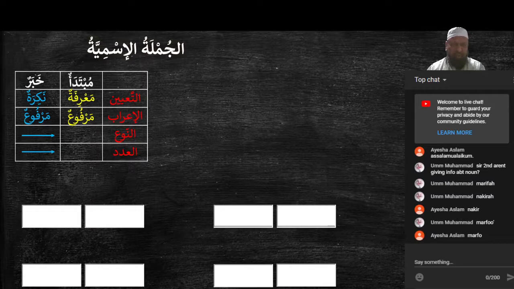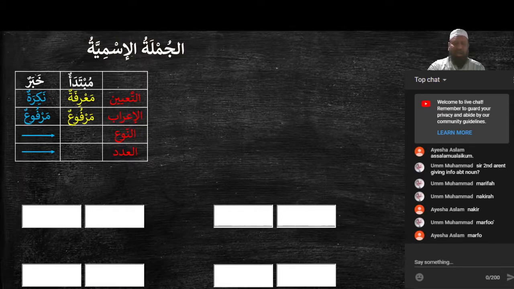Mubtada in terms of ta'yin, ma'rifah. Khabar in terms of ta'yin, nakira. Al-i'rab, mubtada is marfu, khabar is also marfu. And now, khabar has to match the mubtada. Al-adad, khabar has to match the mubtada.